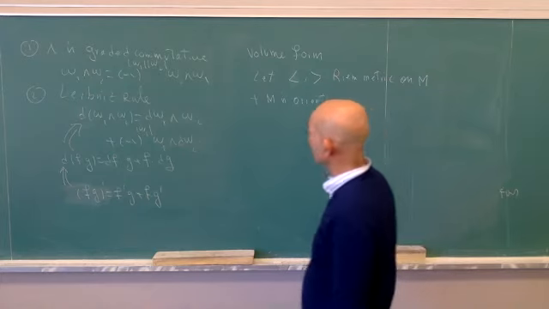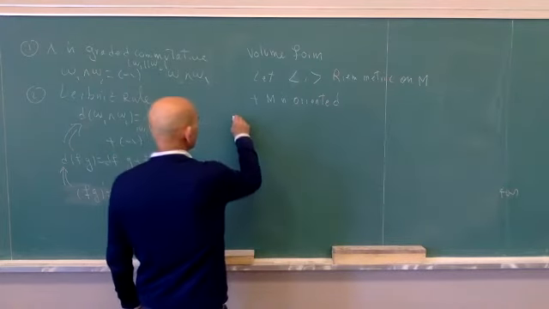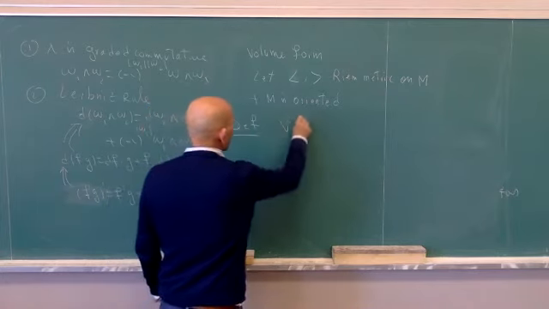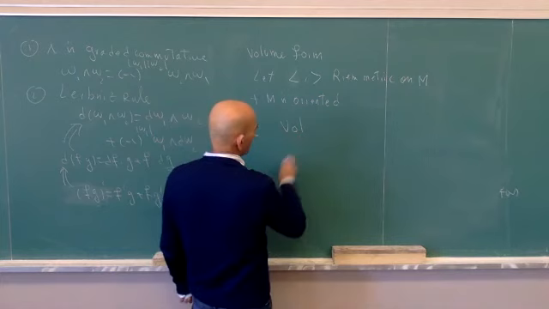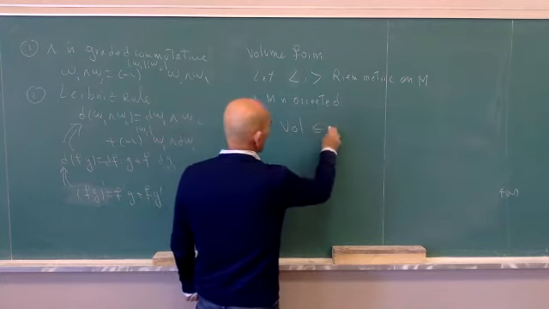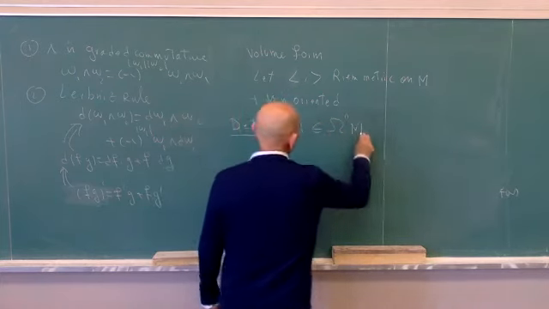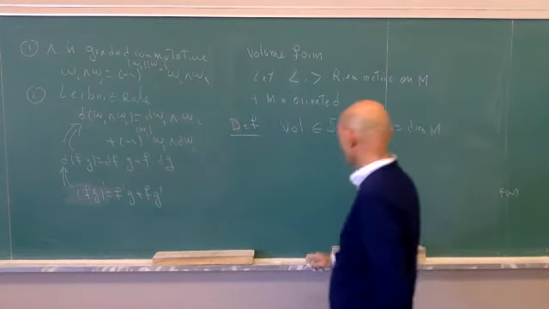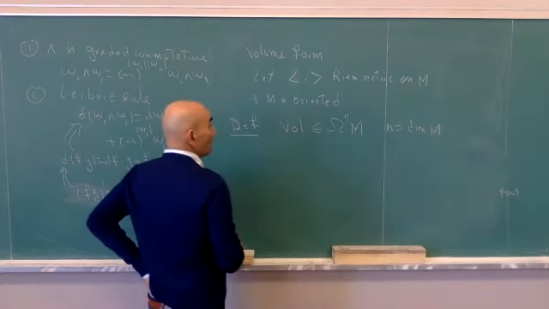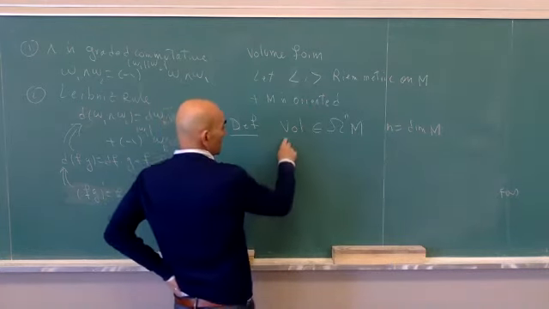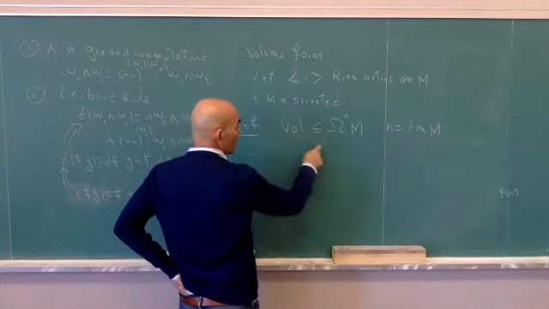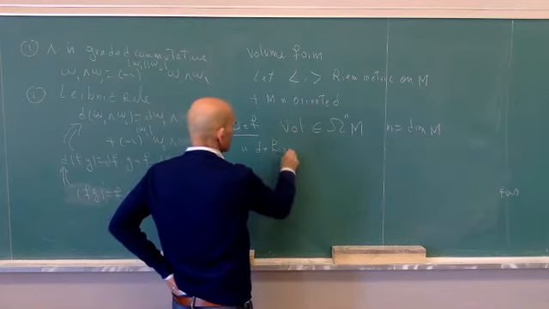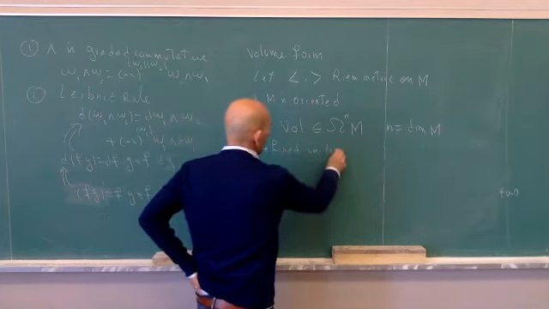So now the volume form. This is actually denoted by vol. There's also dvol. So define an element belonging to omega n of M, where n is equal to the dimension of M. There is no global definition, but we have to go into local coordinates. It is defined in local coordinates.